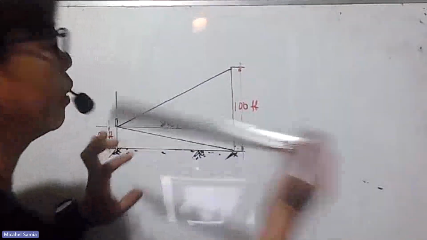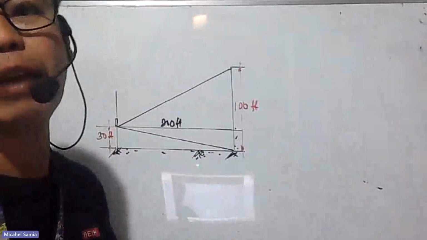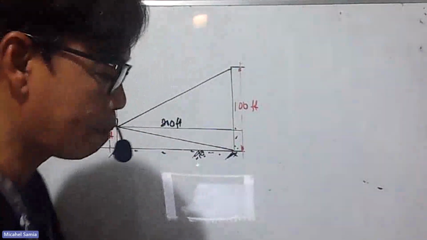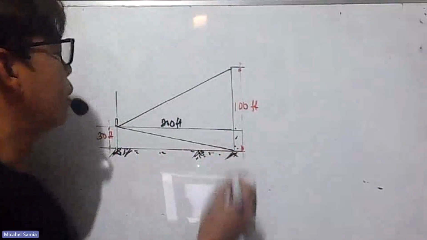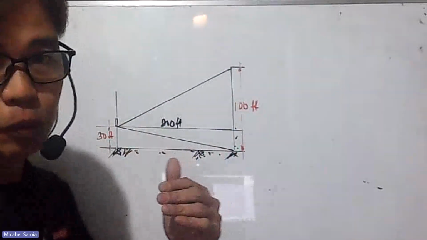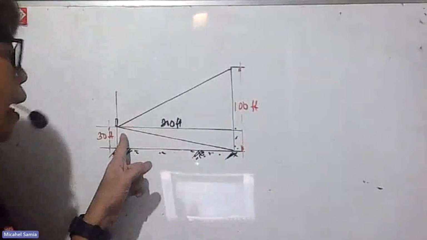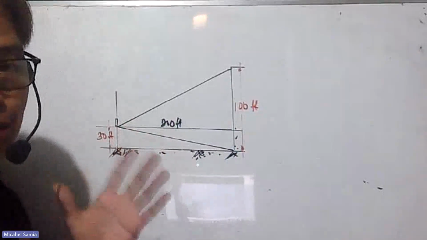It's quite hard to write, it's slippery. Let me repeat the problem. Suppose I'm the one at this window; the height of the window is 30 feet from the ground.